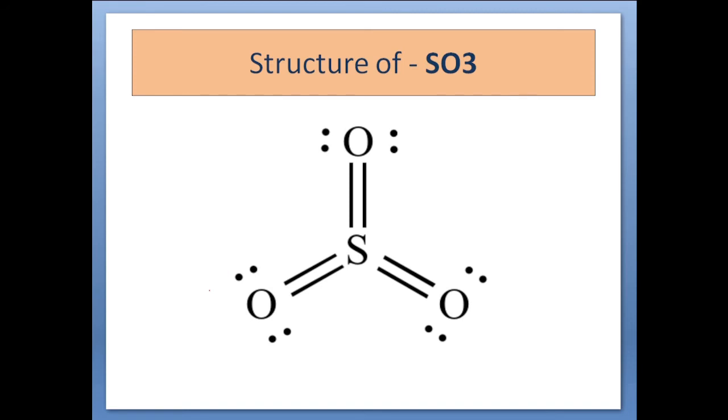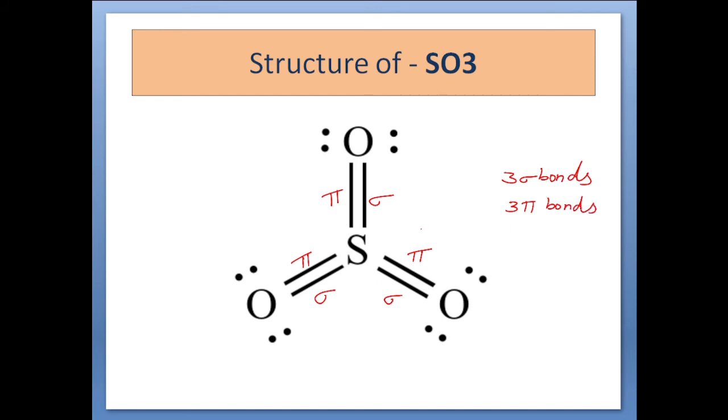This is a structural representation of sulfur trioxide. This is a sigma bond. This is also a sigma bond, and this is also a sigma bond. Total 3 sigma bonds and 3 pi bonds. Here is one pi bond, here is a pi bond, and here is a pi bond. So 3 pi bonds.